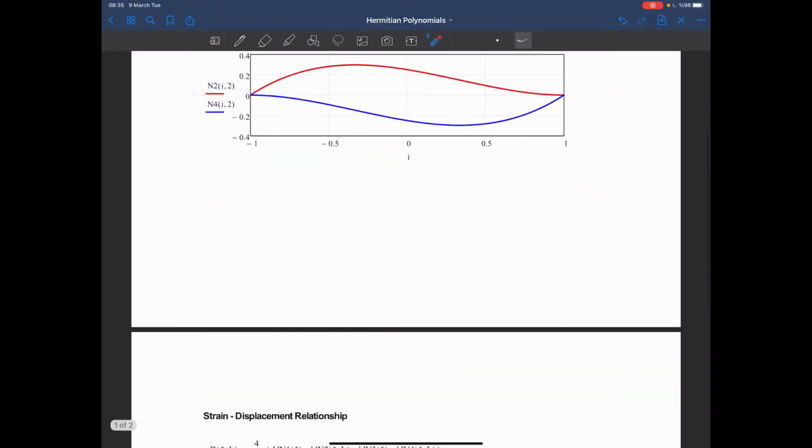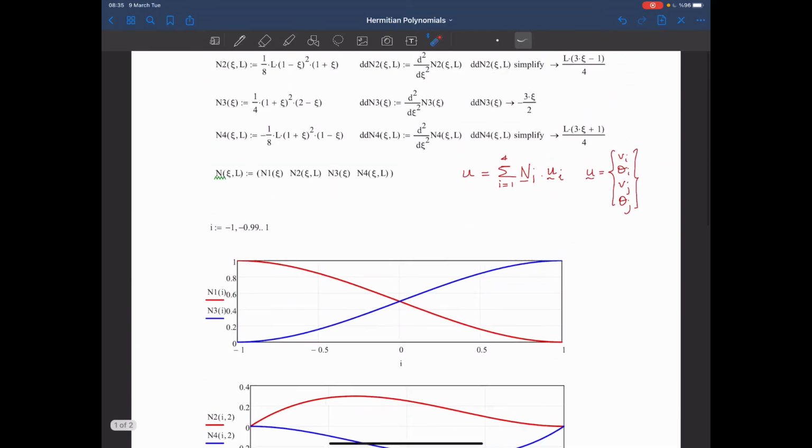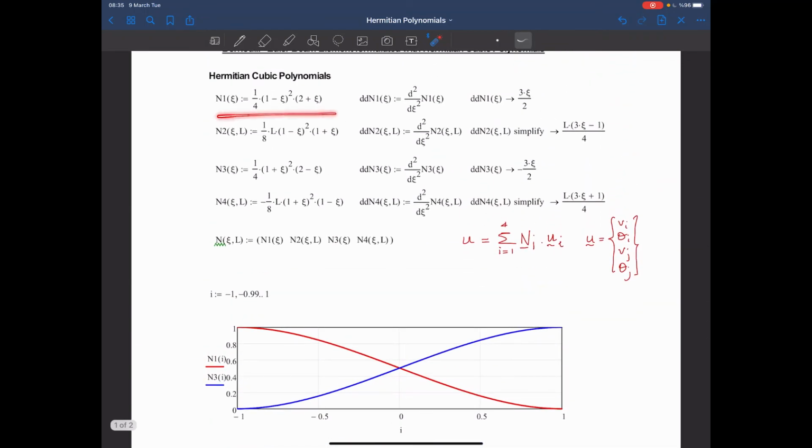for the energy interpolation, we need a strain displacement relationship. Of course, for the beam element, the strain becomes curvatures. But I usually call it strain displacement relationship. So what I did here is symbolically take the second derivatives of these functions.